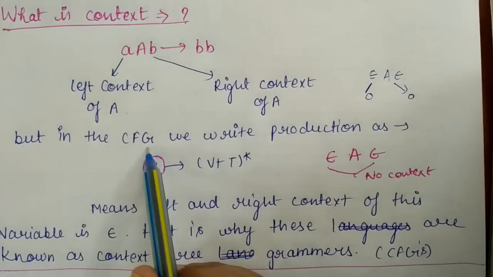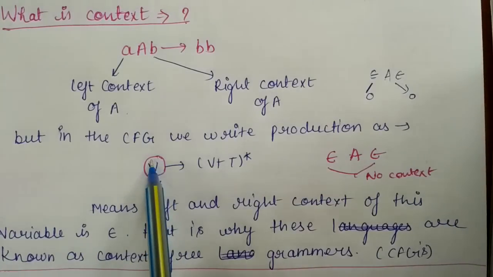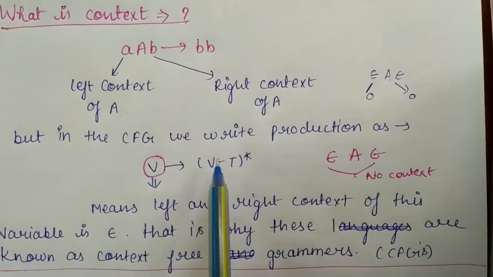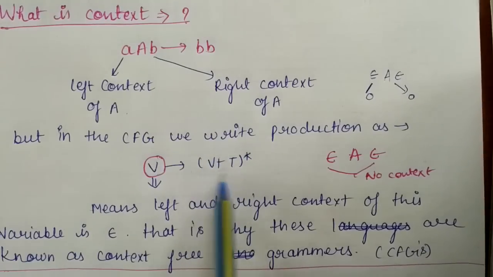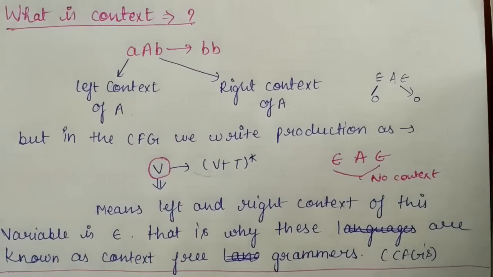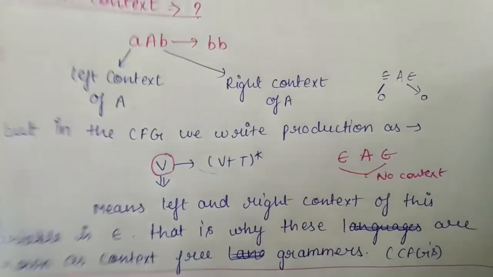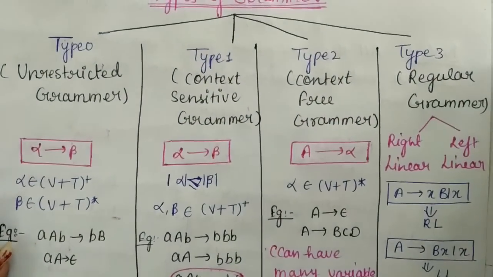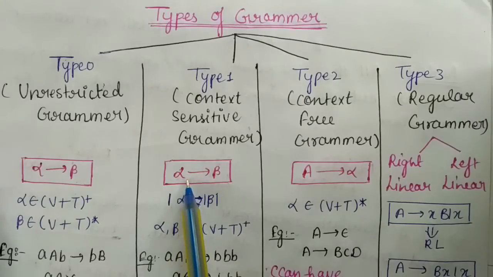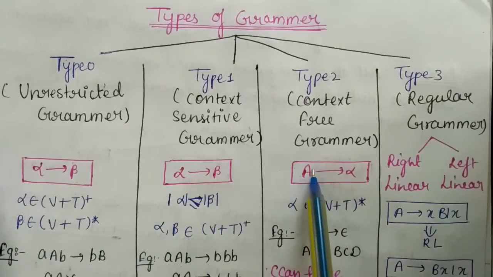So we are freeing this variable from having any context. In CFG we have a restriction that on the alpha side we should have only a variable, with no left context and no right context, and on the beta side we can have a combination of variables and terminals. That is why it is called context free grammar. You can see the format: on this side we have only a variable, but in context sensitive grammar A has a left context and a right context.